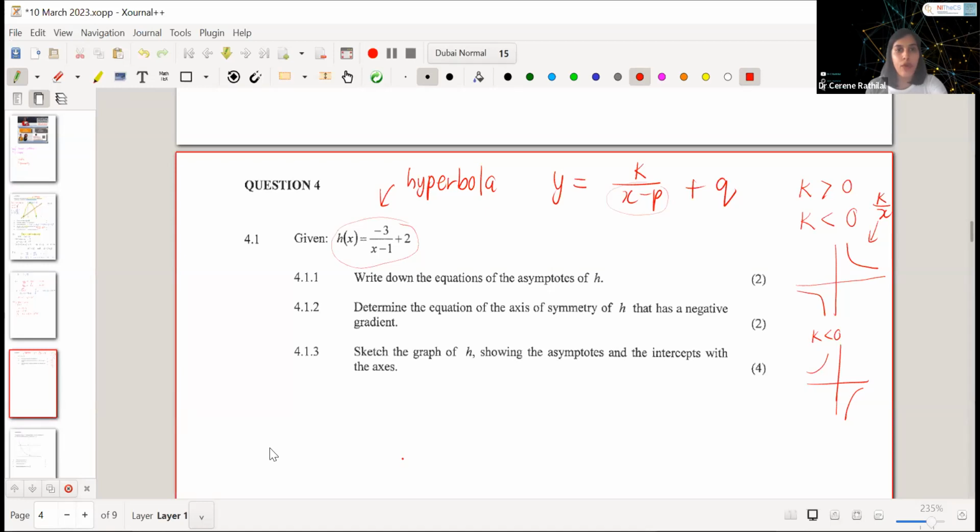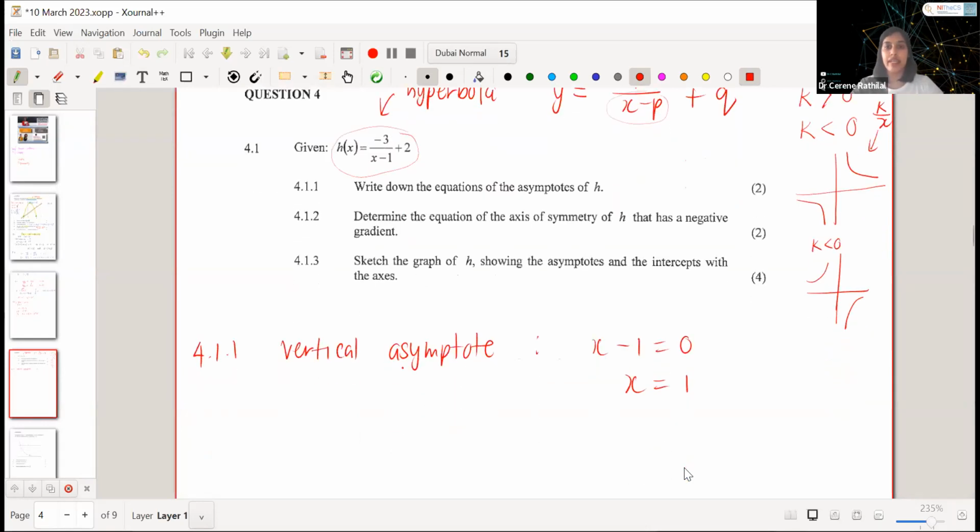The vertical asymptote, this is question 4.1.1, is given by solving x minus p equals 0. Here we've got x minus 1 equals 0, and that tells me x equals 1.